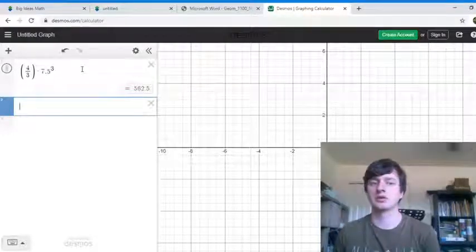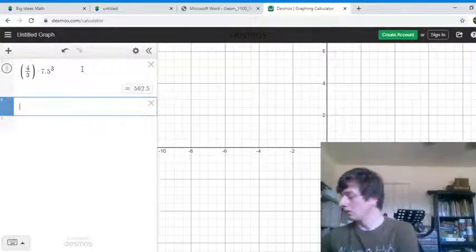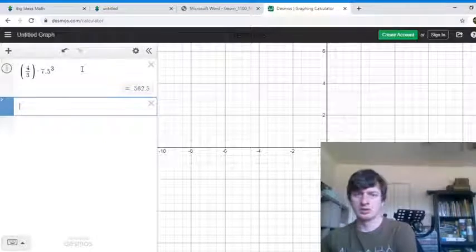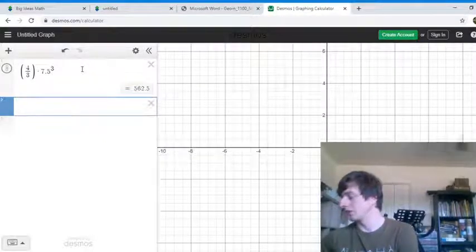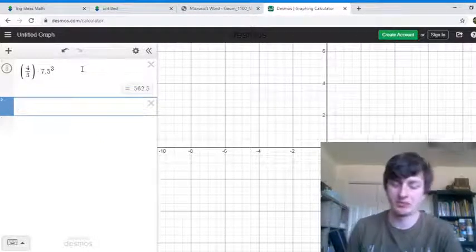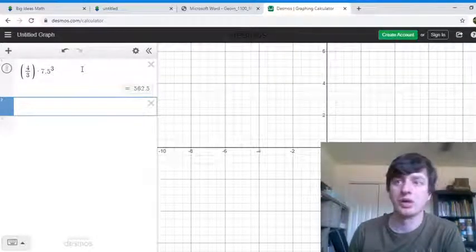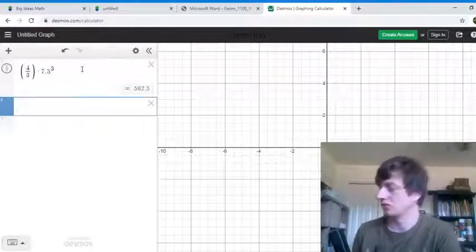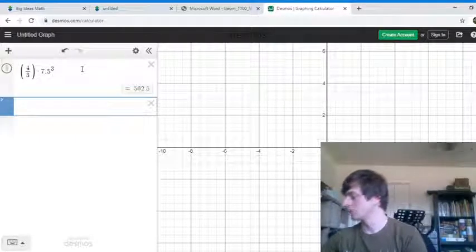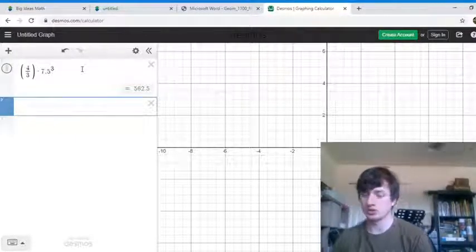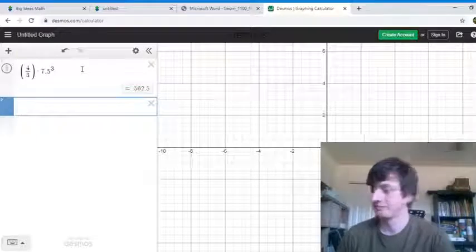So that's 562.5. Okay. Or we could multiply it out. This is in inches, cubic inches, for this volume.